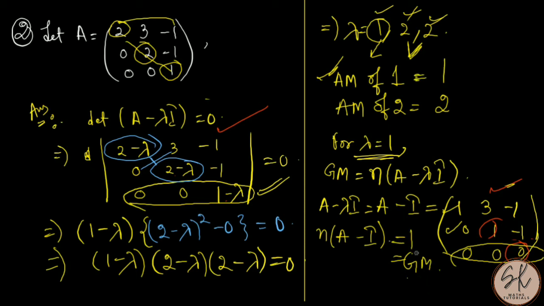Now we can see that the geometric multiplicity equals the algebraic multiplicity for the eigenvalue lambda equals 1, because 1 is unique, so its AM and GM are equal. So for lambda equals 1, AM equals GM.